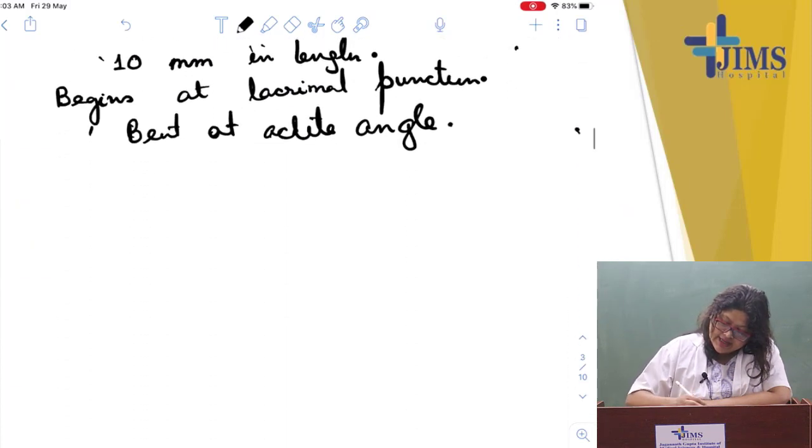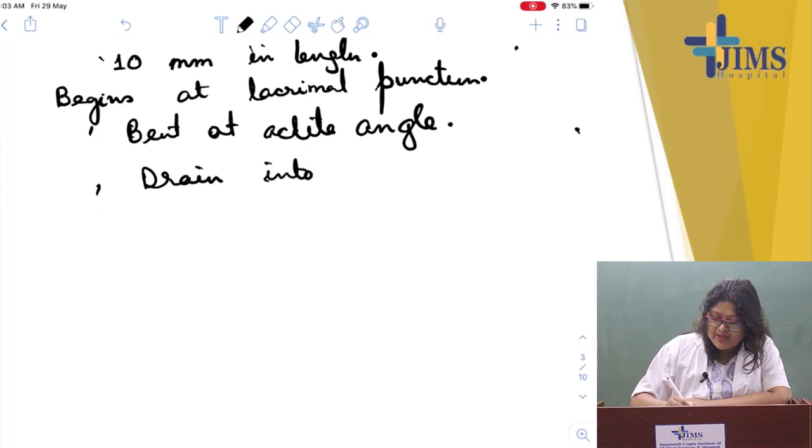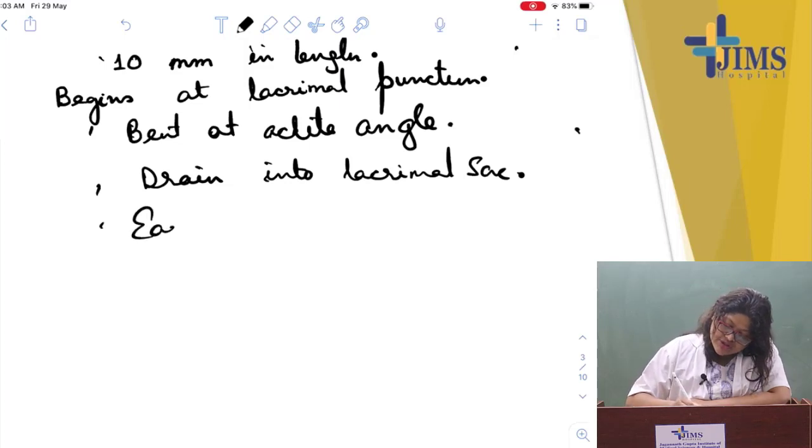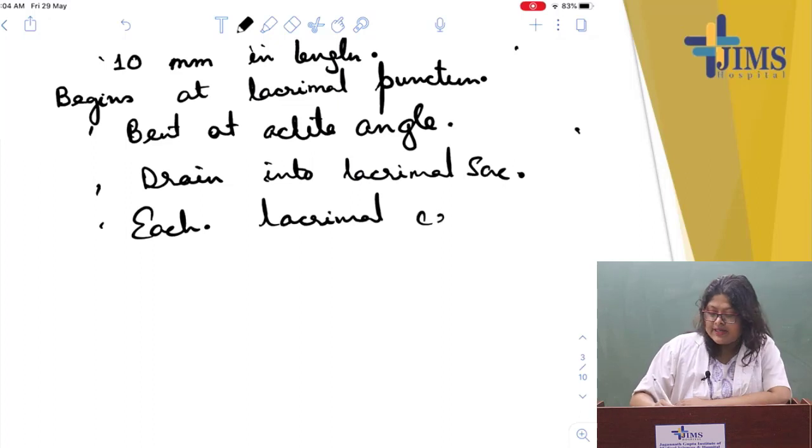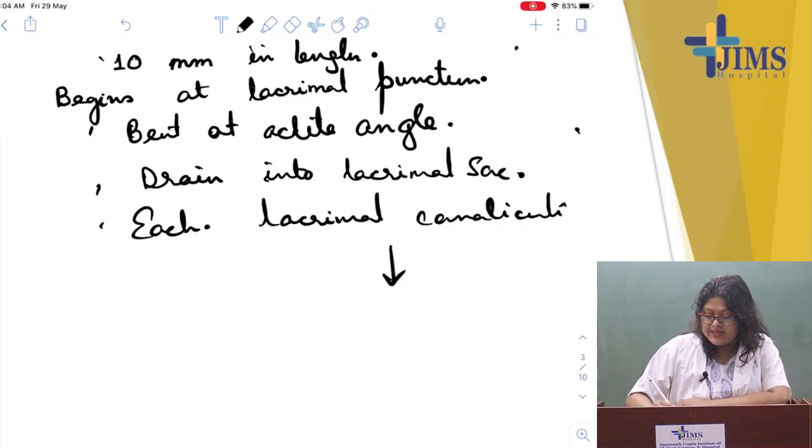And they ultimately drain into the lacrimal sac, and each lacrimal canaliculus presents a dilatation which is known as ampulla.